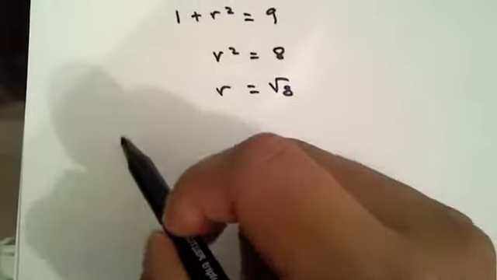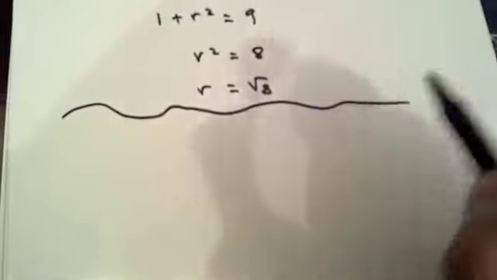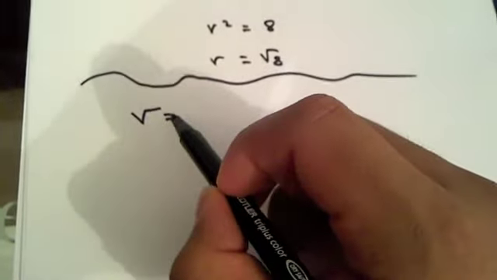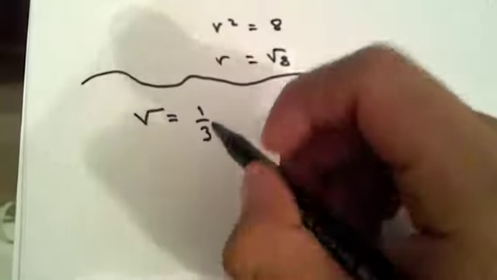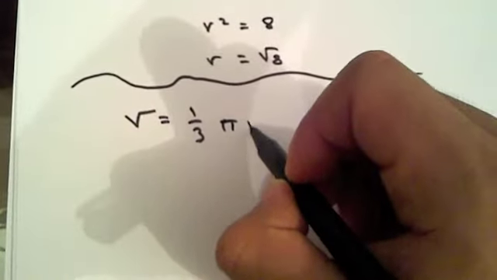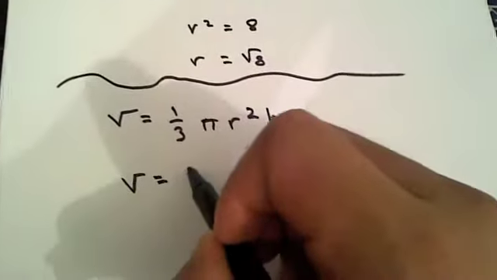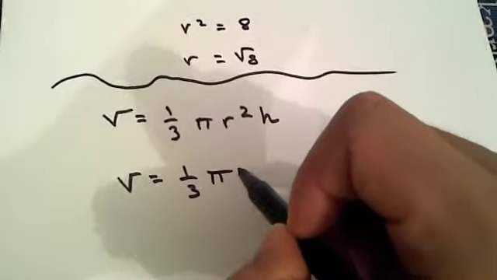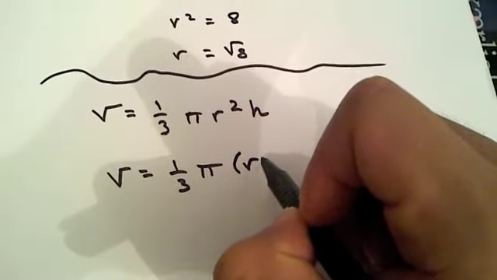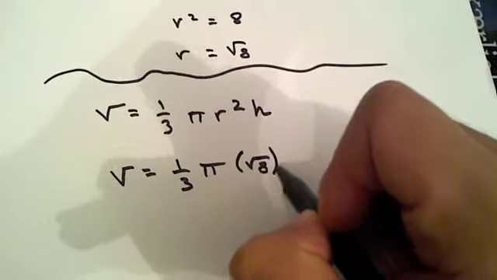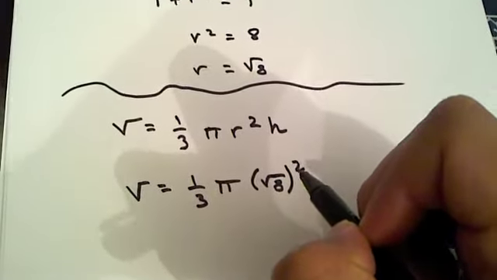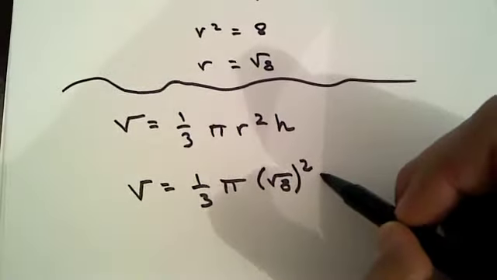Now we're ready to plug it into our volume equation, which is volume equals 1/3 pi r squared h. Plugging in our numbers, volume equals 1/3 pi times square root of 8, squared, times h.